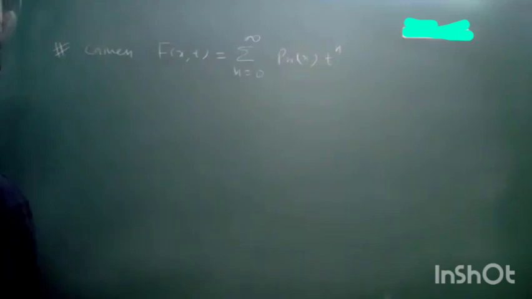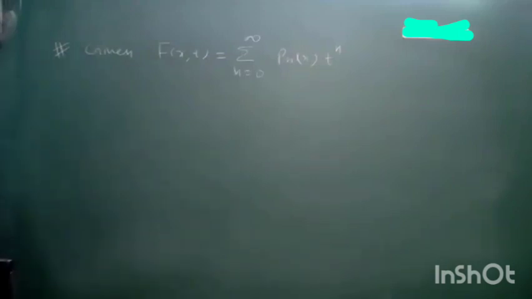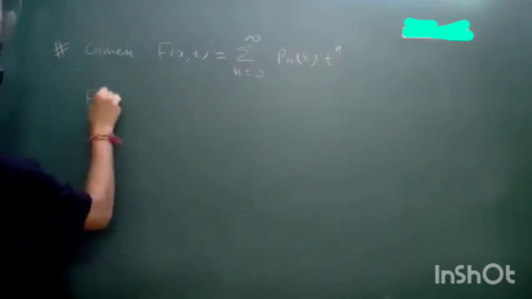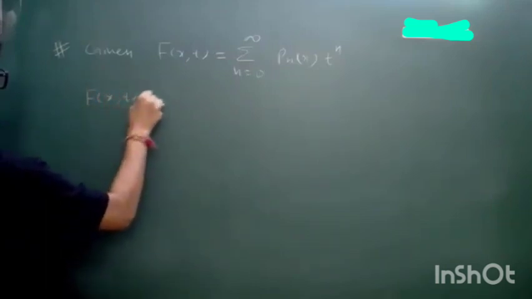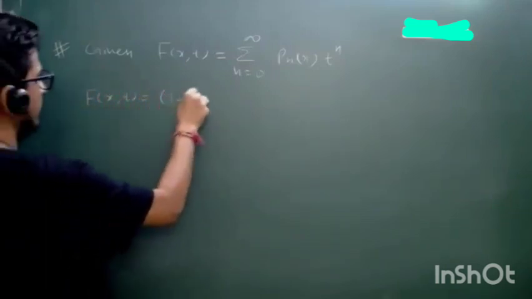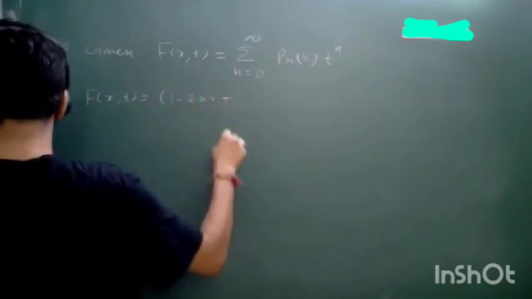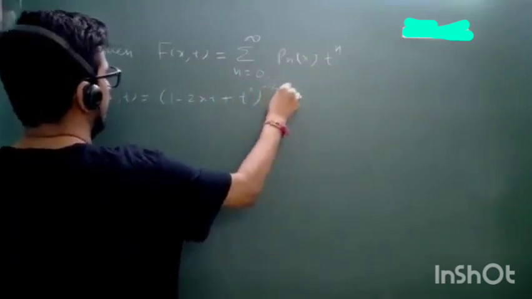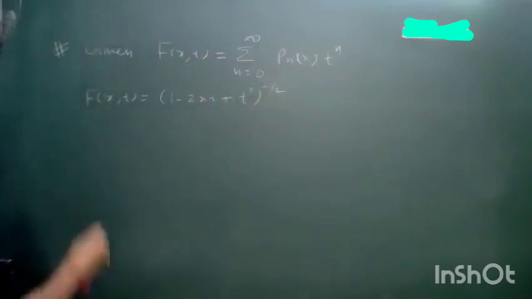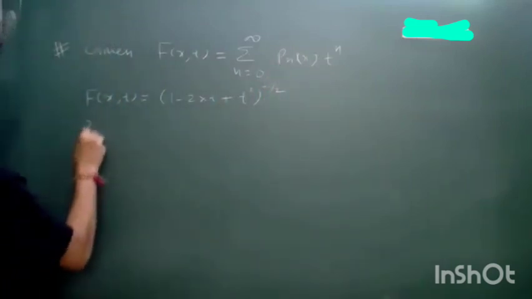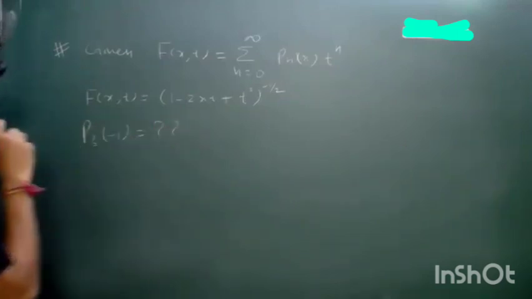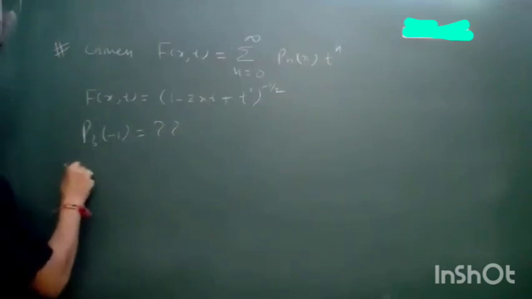Okay, and Pn(x) they have given Legendre polynomial, and this is obviously the generating function. They have given this also, the generating function, as 1 minus 2xt plus t square to the power minus half, and they have asked what is the value of P3(minus 1)? So what is the solution?